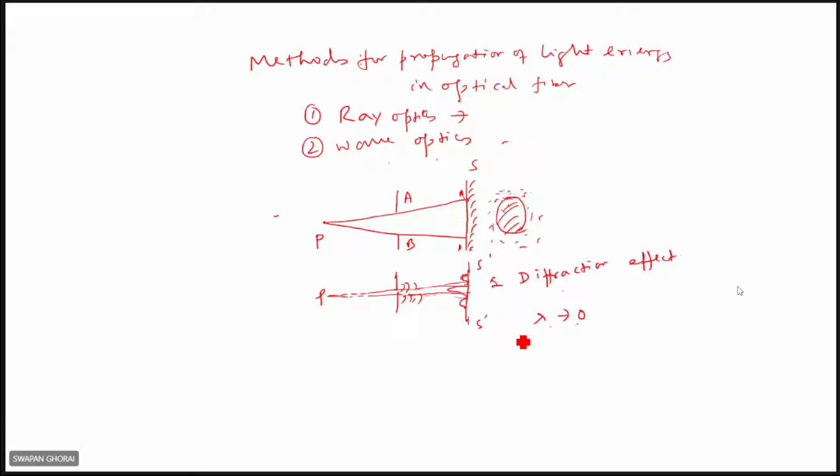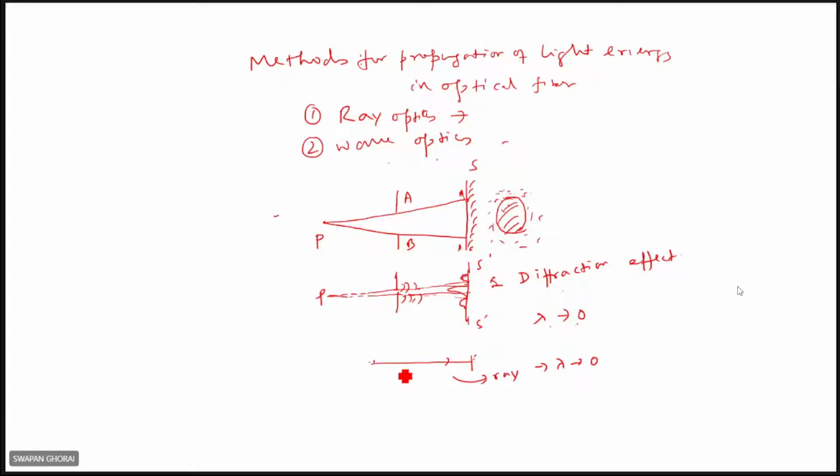In that case you will get a thin pencil of light, and that is called the ray, in the limit lambda tends to 0. That is the basis of ray optics or geometrical optics.